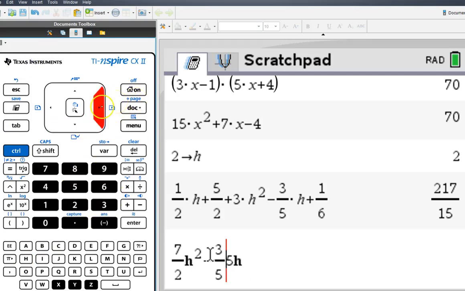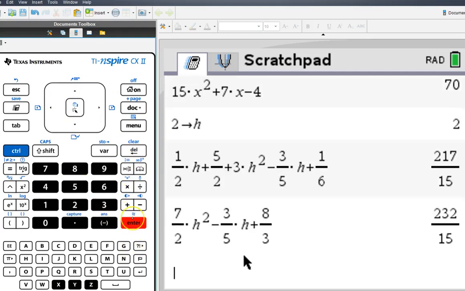Go over here and get rid of that one. Okay, and then I need plus 8 over 3, plus control divide, 8 down 3, hit enter, and I should have got the same thing. Did I type it in right? 7 over 2h squared minus 3 over 5h plus 8 over 3.